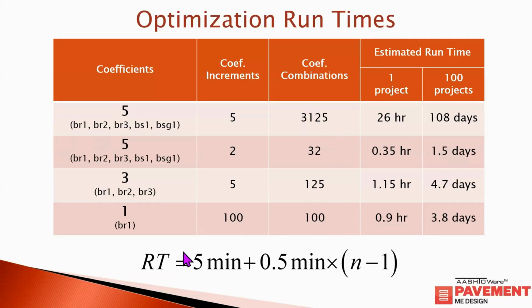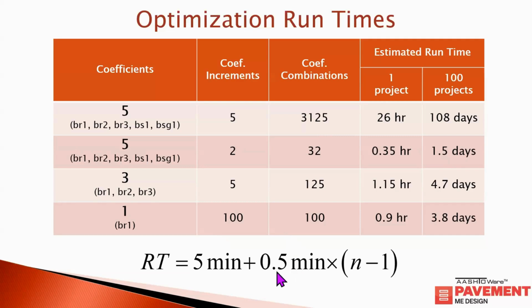The first run is always going to be the longest because you're going through a normal pavement ME design analysis. The next ones are much shorter, because it's not repeating some of the work. For instance, the EICM, the Enhanced Integrated Climatic Model, only runs once. Since that data is not going to change for all the other project coefficient combinations, that doesn't have to be run again.